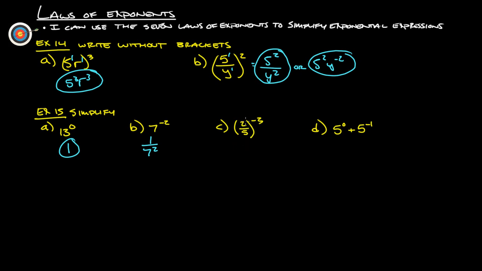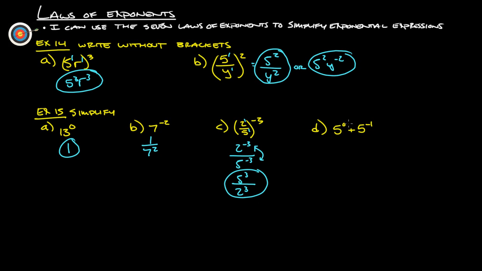So remember, that's 2 to the first, 5 to the first. So that's 2 to the negative third, because 1 times negative 3 is negative 3, over 5, 1 times negative 3 is negative 3. Right? So now we'll want to move this 2 to the negative third to the bottom and that 5 to the negative third into the top. So that's going to be, on the bottom is 2 to the positive third, and on the top is 5 to the positive third. Okay?